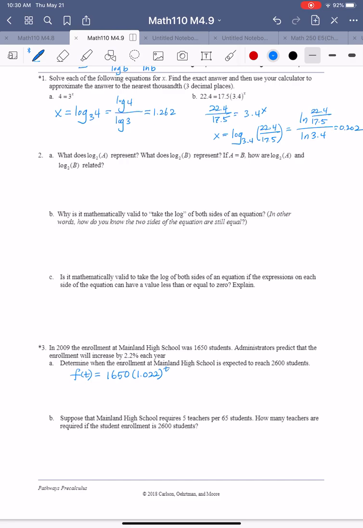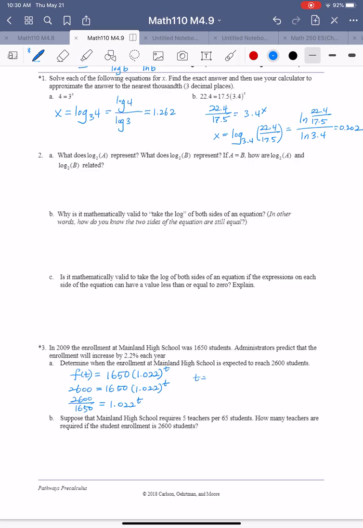But they're looking for how many years it takes to become 2600. So 2600 equals 1650 times 1.022 to the t. Solving for t, divide both sides by 1650. I get 2600 over 1650 equals 1.022 to the t power.